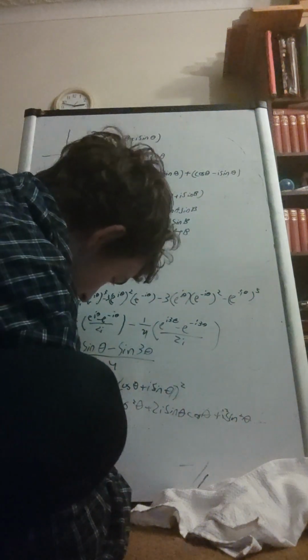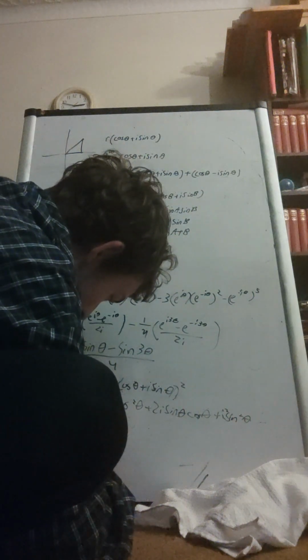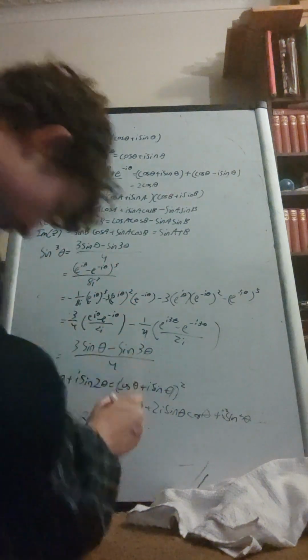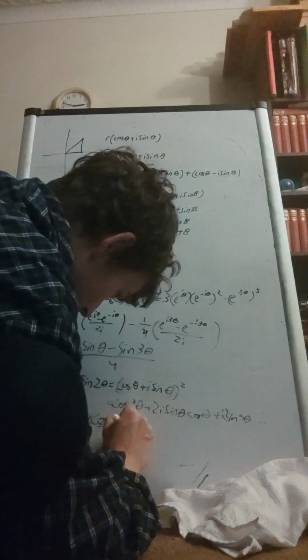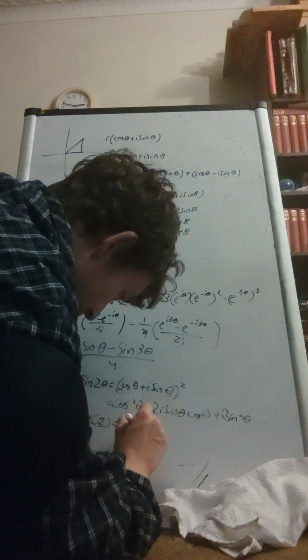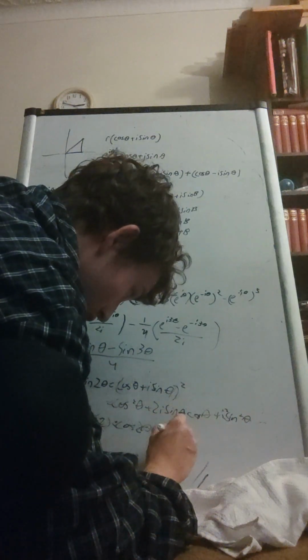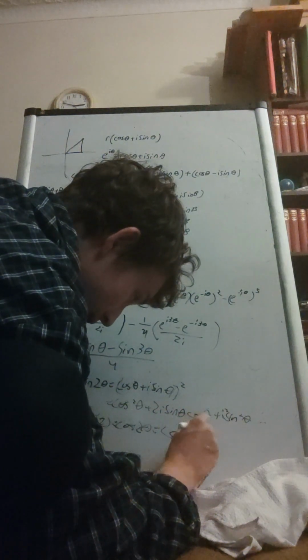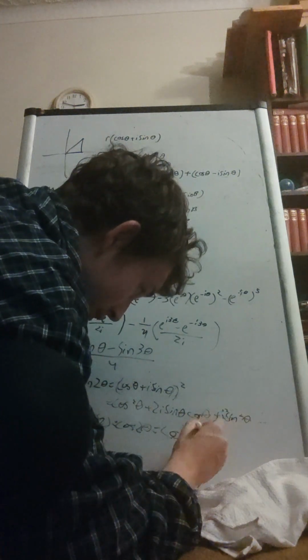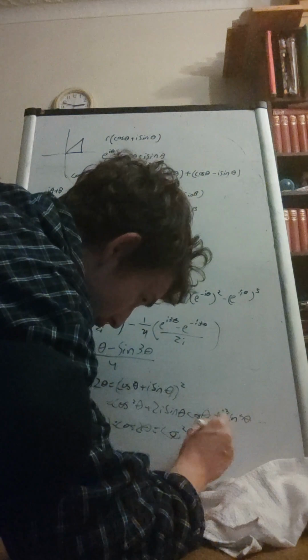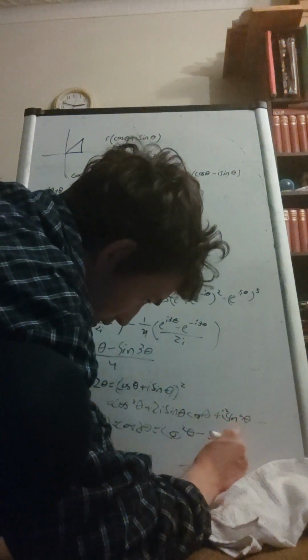And then for the real part, which is cosine, can you see this at all? I don't know if you can see this. cos 2 theta equals the real part, which is cos squared theta, minus sine squared theta, because i squared is minus 1.